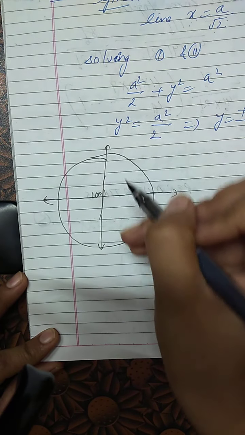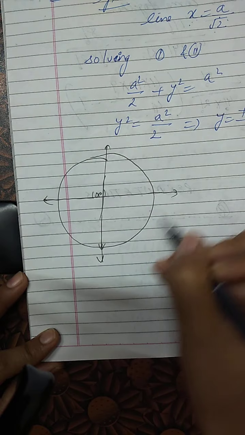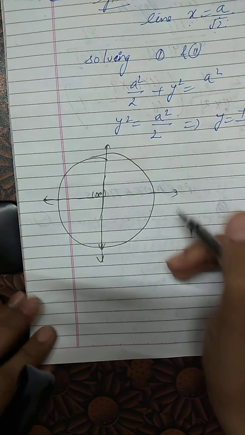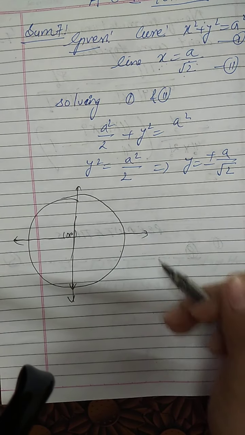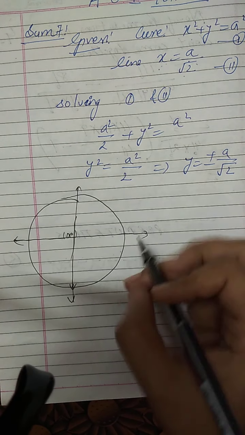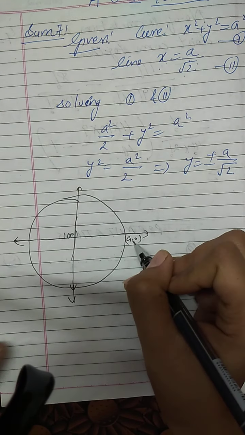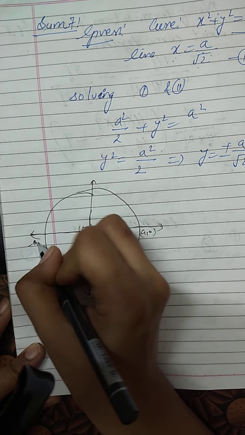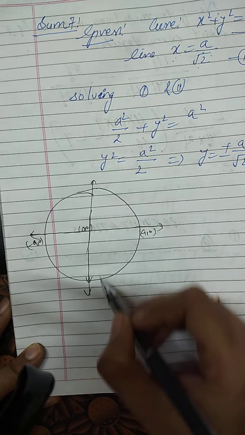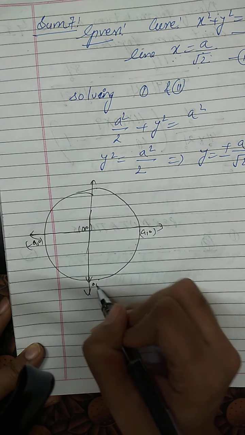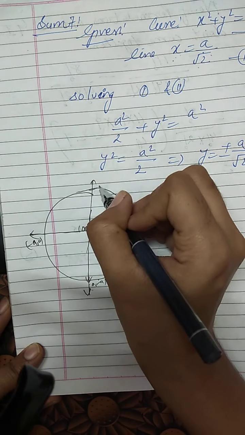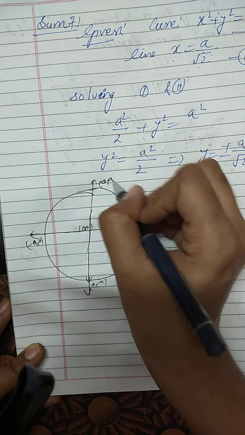If I have a circle, the line x equals a by root 2. You know, a by 2 will be exactly half. So this is a comma 0, and this is minus a comma 0. This will be 0 comma a, this will be 0 comma minus a. These points, if you want, you can write down.